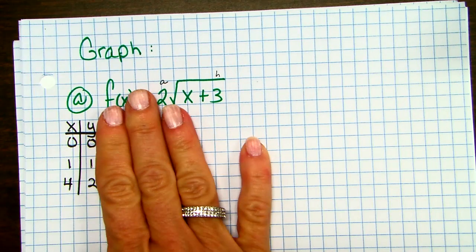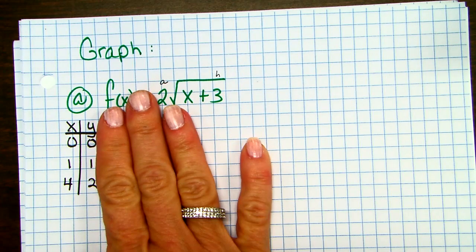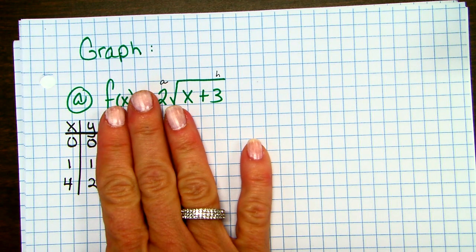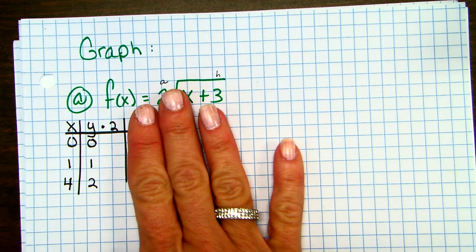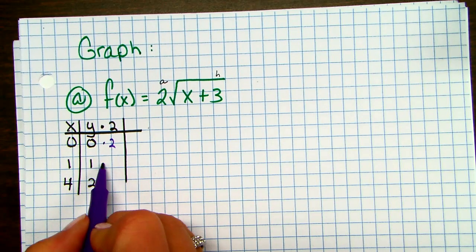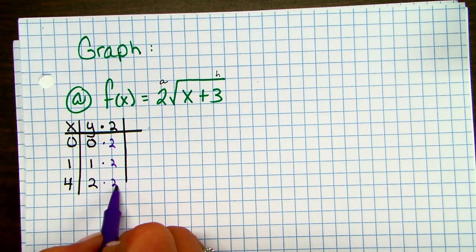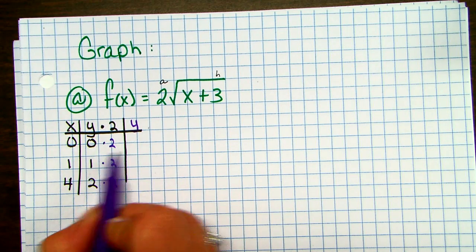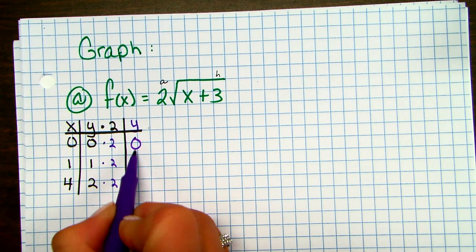That's the parent function. That's what we start with every time, every single problem, no matter what numbers are in it. If there's an a value, we're going to multiply those y values by 2 and get a new y value. So multiply by 2, multiply by 2, multiply by 2. And what we get is our new y value.